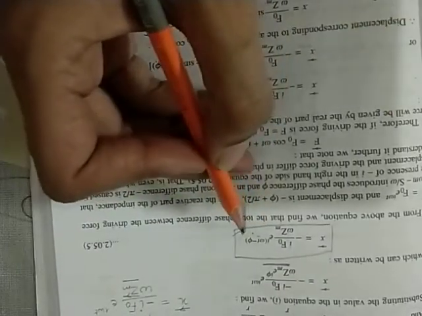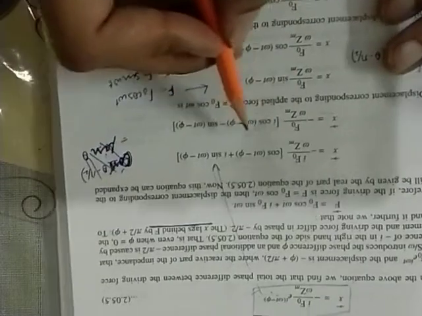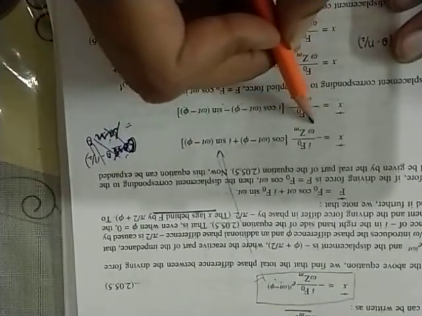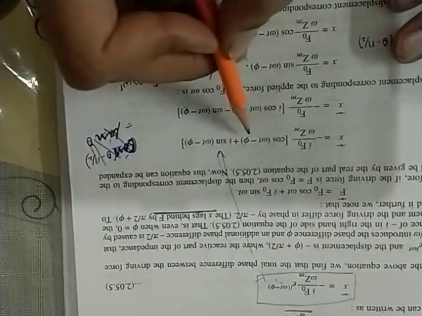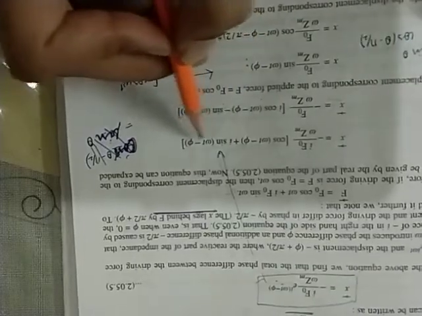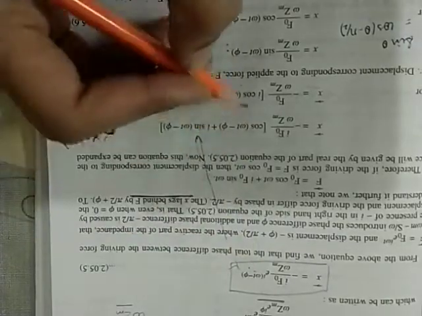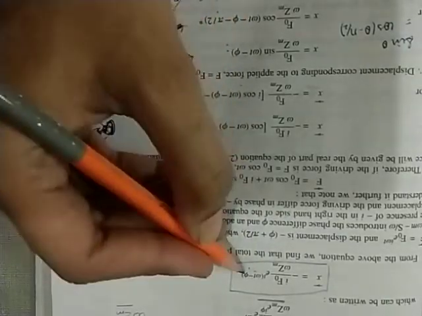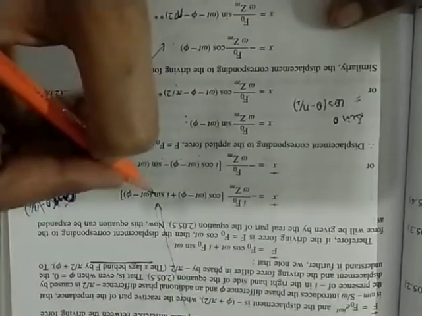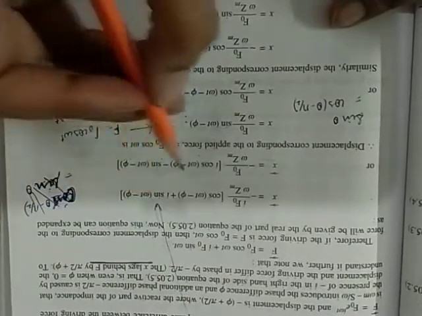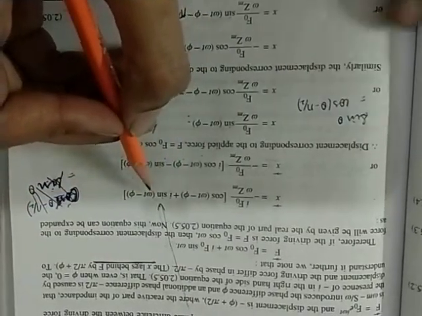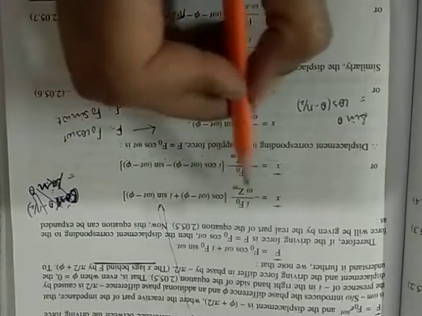So when we are opening this e raised to power function, we are getting here minus iota F naught upon omega Zm, cos omega t minus phi plus iota sin omega t minus phi, because we are taking this as cis theta, cos theta plus iota sin theta.